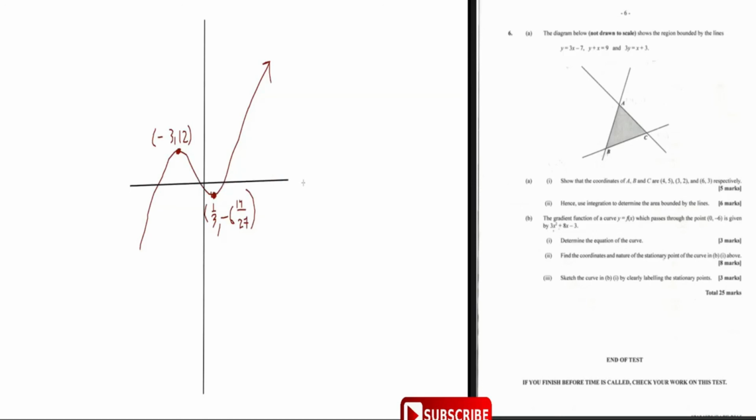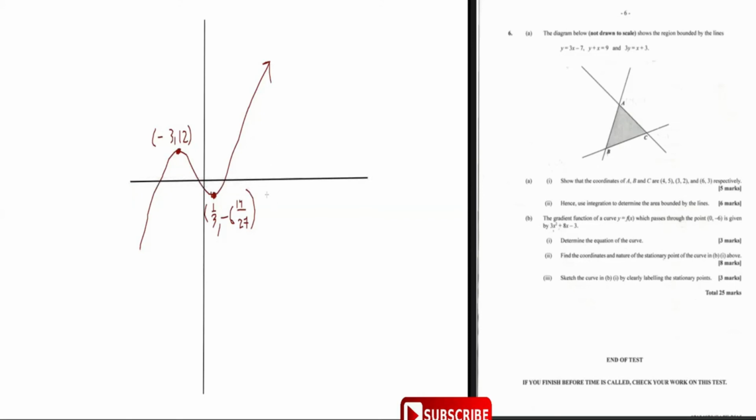So this is my y-axis. You want to make it good.